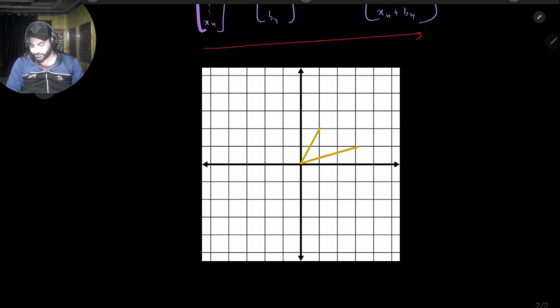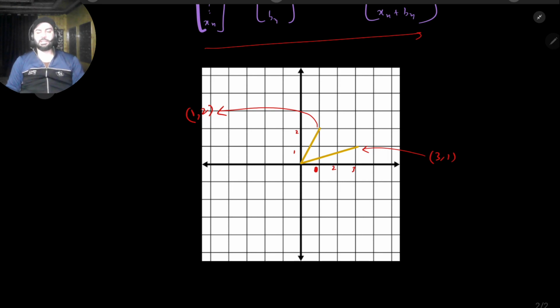If you mark these lines, this is 1, 2, 3, and this is 1, 2. The origin is 0, 0. This vector represents 3 comma 1, and this vector over here represents 1 comma 2. So these are the values of these vectors.